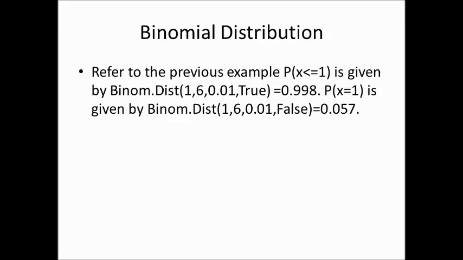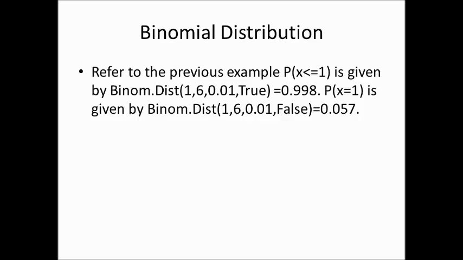So in this case, we are really summing up the probability of 2 events: probability of number of defective equals 0 plus probability of number of defective equals 1. And Excel returns a value 0.998.